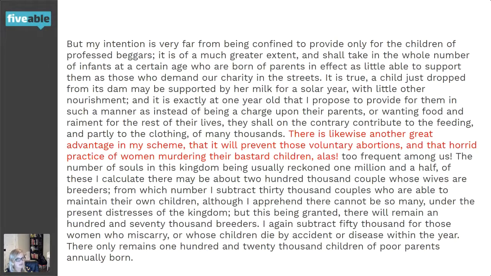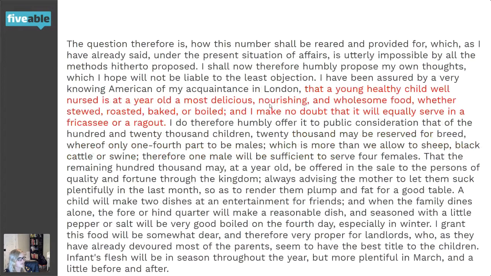I again subtract fifty thousand for those women who miscarry or whose children die by accident or disease within the year. There only remain one hundred and twenty thousand children of poor parents annually born. The question therefore is, how this number shall be reared and provided for, which, as I have already said, under the present situation of affairs, is utterly impossible.